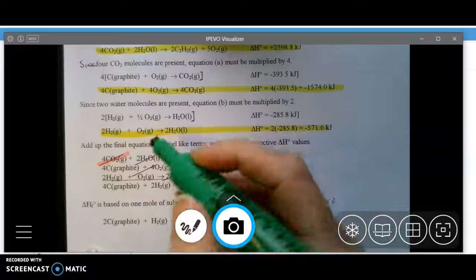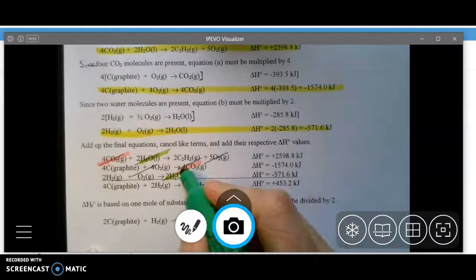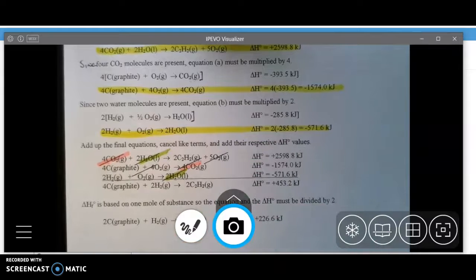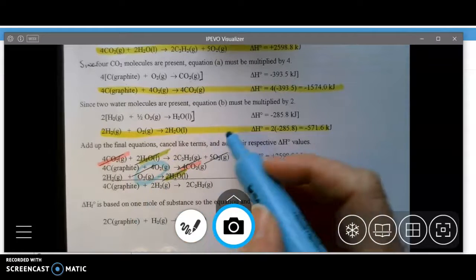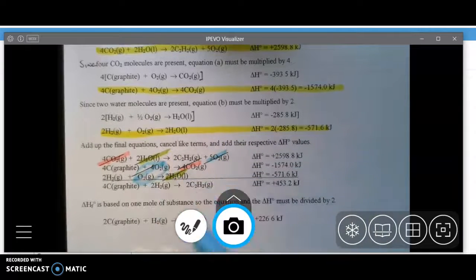My 2 H2Os liquid are going to cancel. Okay, and then my 5 O2s, you'll have to be careful. So they're here. 4 plus 1 is 5, and 5 here. So those are going to cancel out.